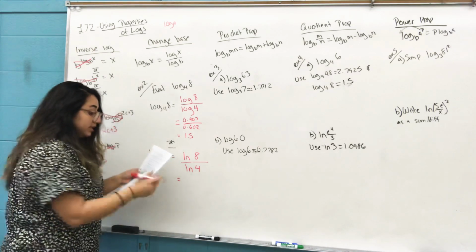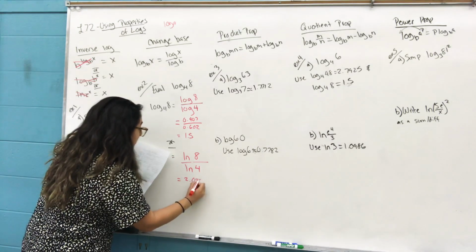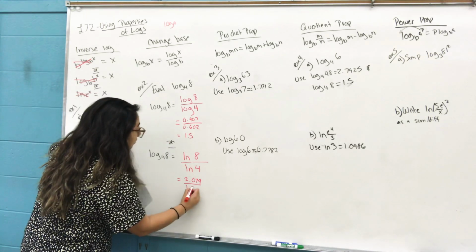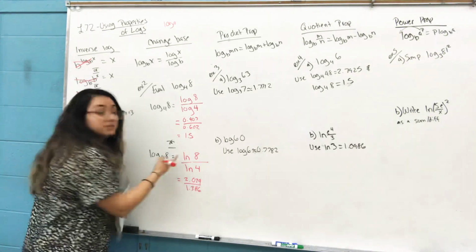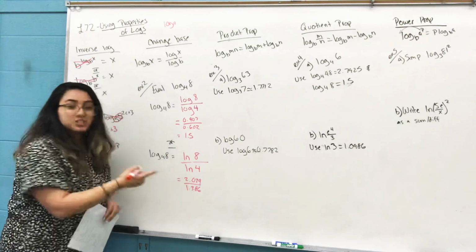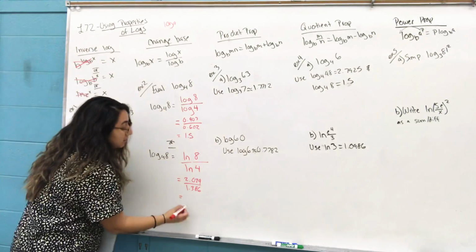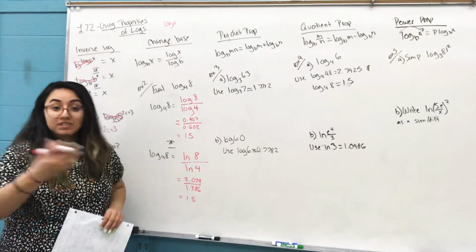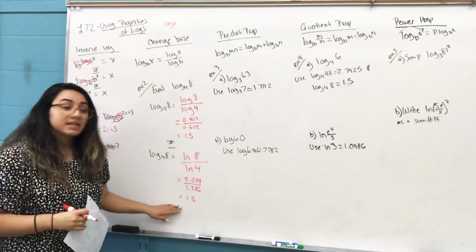You end up with 2.079 for natural log of 8, and you end up with 1.386. All I'm doing is entering them in the calculator and keeping the first 3 decimals. Now if I divide these two, I still end up with the same thing, 1.5, etc. I just round it.